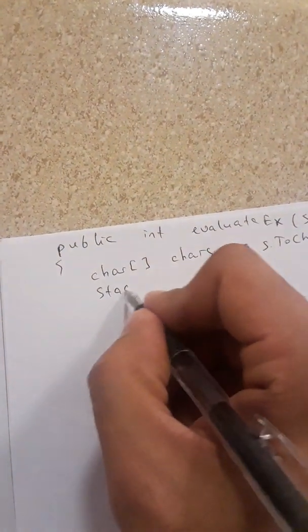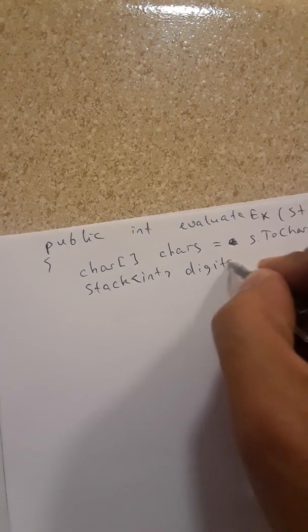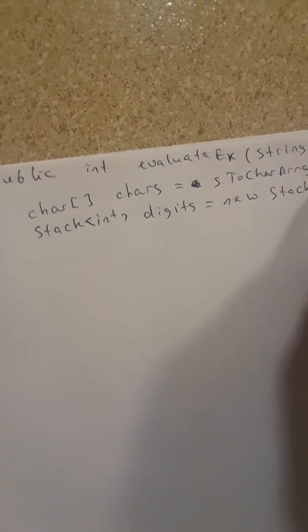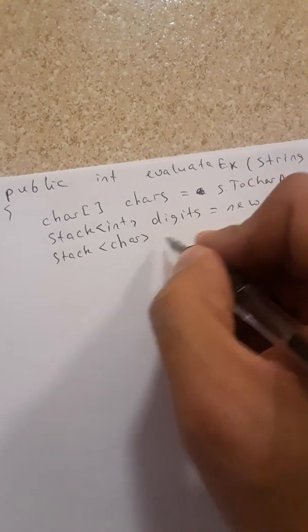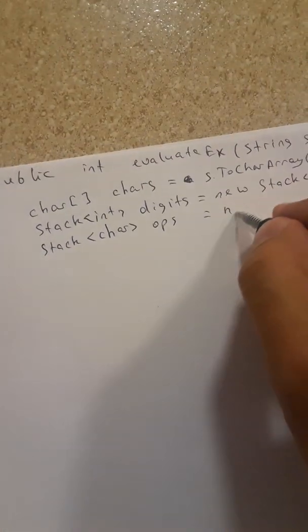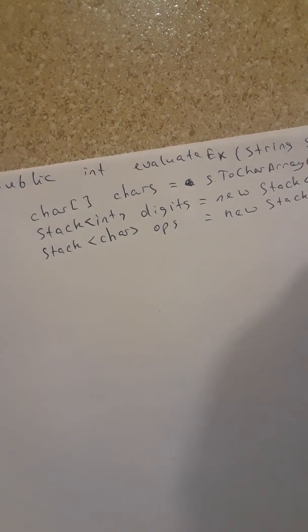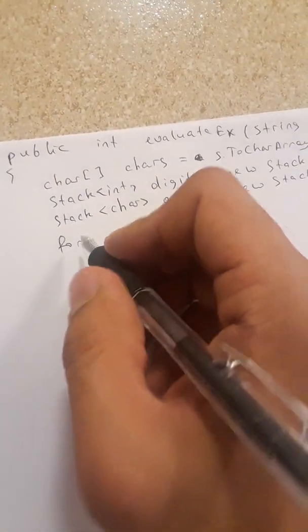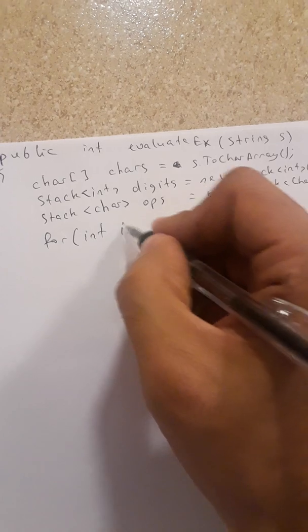So we'll define two stacks, one for digits, and the second for operators. We'll run a for loop through each character in the array.